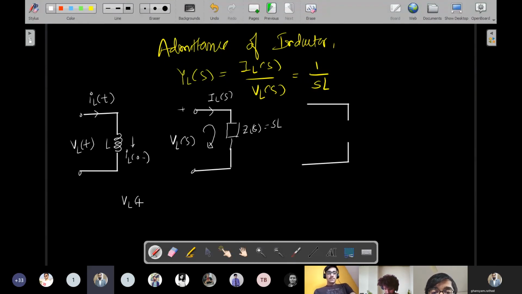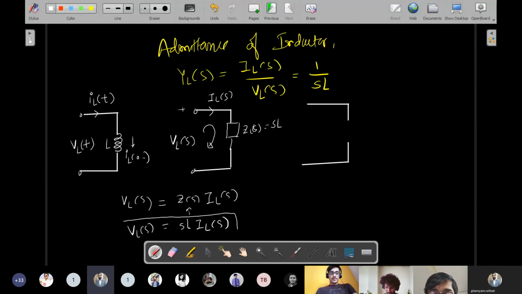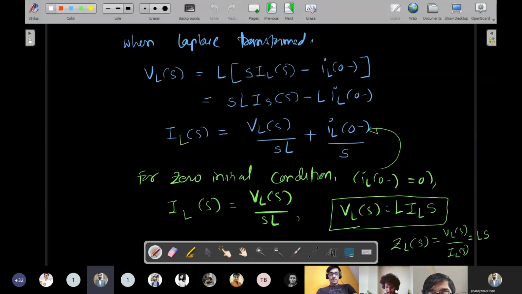VL of S equals ZL of S into IL of S, that is SL IL of S. See this equation properly. This is showing you the S L IL of S. I'm going to show you that last slide. See this equation.